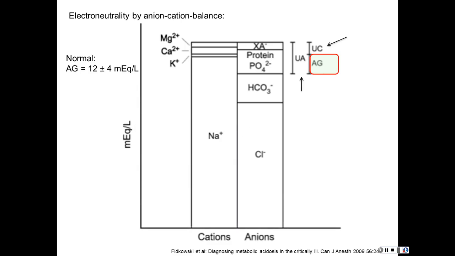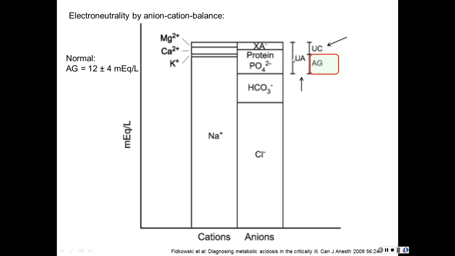And they're sort of represented here, that you have all your cations over here have to equal all your anions, and you have unmeasured cations over here, and you have unmeasured anions over here.